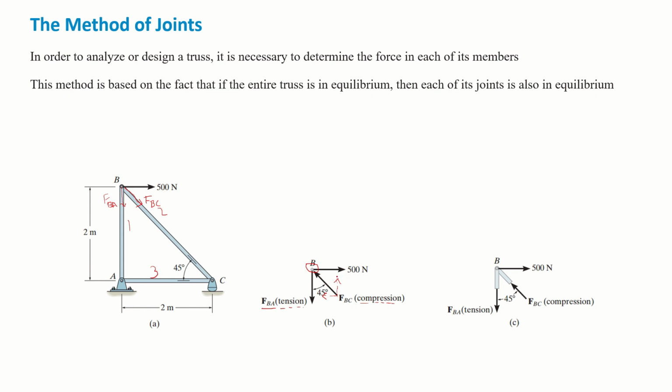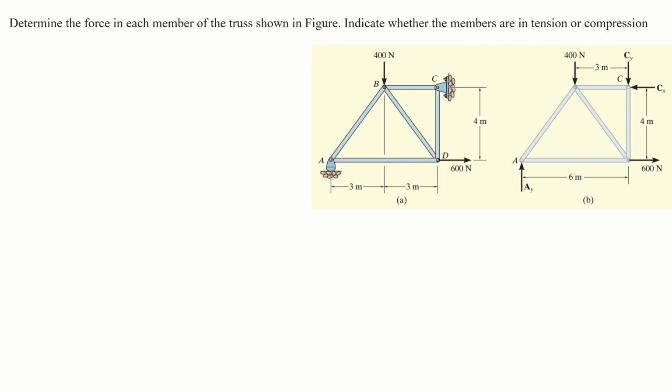So now we will proceed to an example, and further we will evaluate the forces in each of these members. The question asks you to determine the force in each member of the truss and also indicate whether the members are in tension or compression.